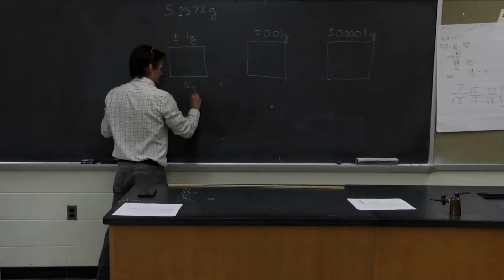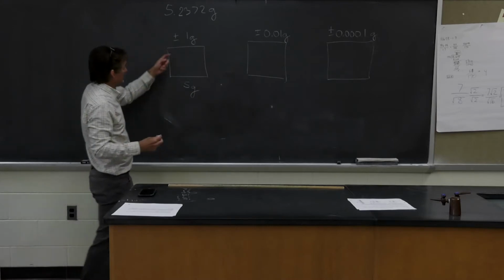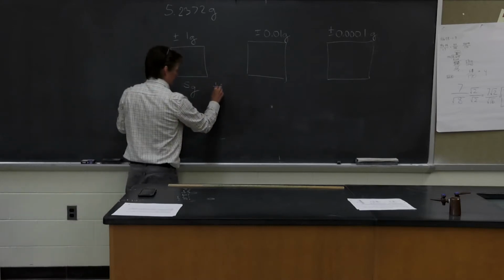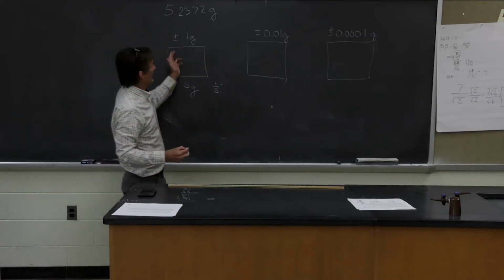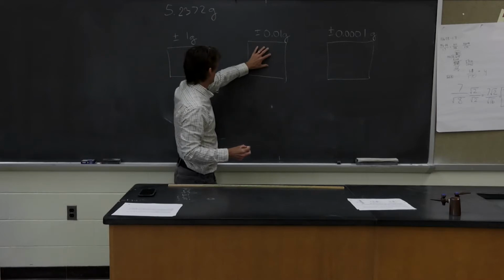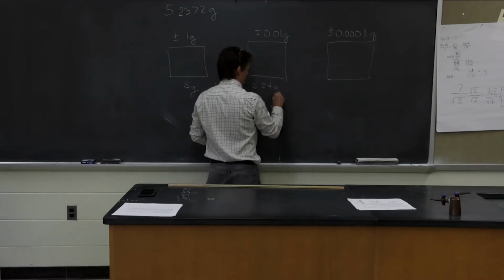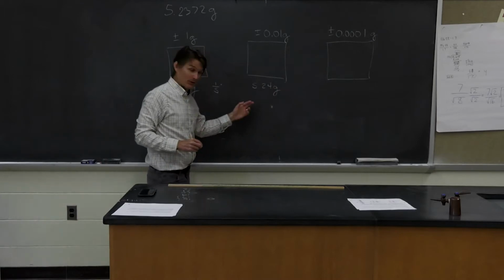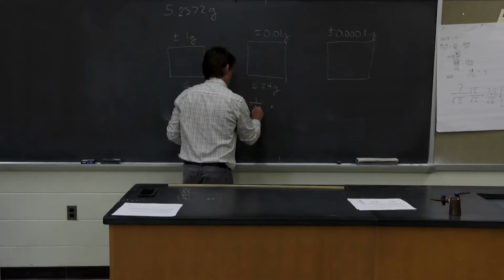If I place this object on this balance, it's going to record 5 grams. That tells me the precision of the measurement is about 1 part in 5. That's not very good. If I place it on this balance, we'll say it measures 5.24 grams. Here I know the measurement to 1 part out of 524.